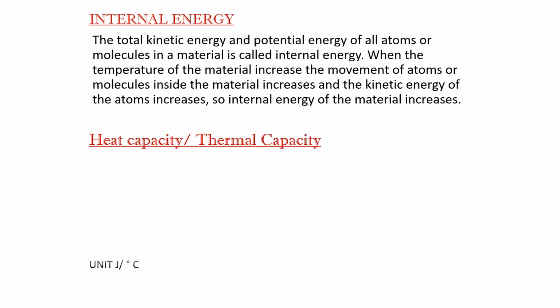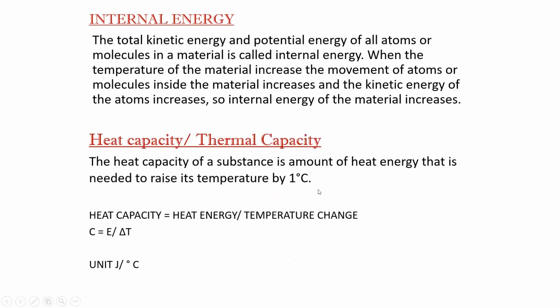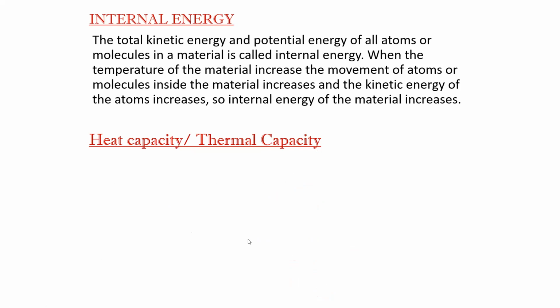Then what is the definition of thermal capacity? Thermal capacity or heat capacity refers to how much energy is stored by the object when the object changes its temperature by 1 degree centigrade. For example, I have an object, it can be any object, and that object is at 20 degrees centigrade. We supply heat energy. For example, we supplied 100 joules.